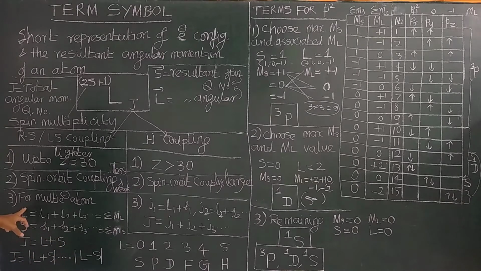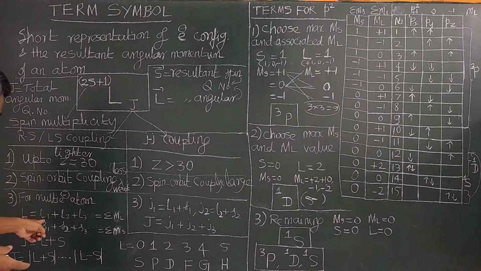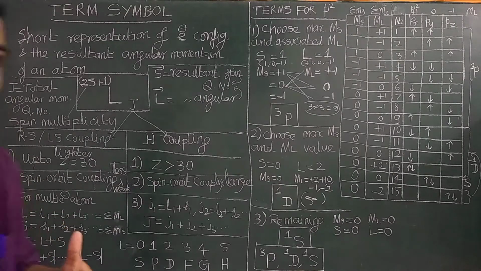Capital L, the resultant angular momentum of an atom, is obtained from the sum of the individual orbital angular momenta of each electron.